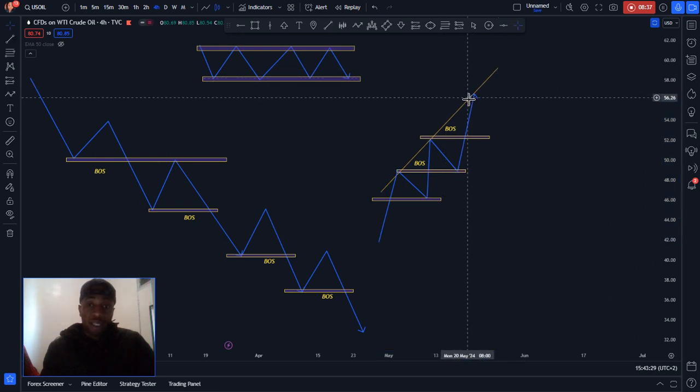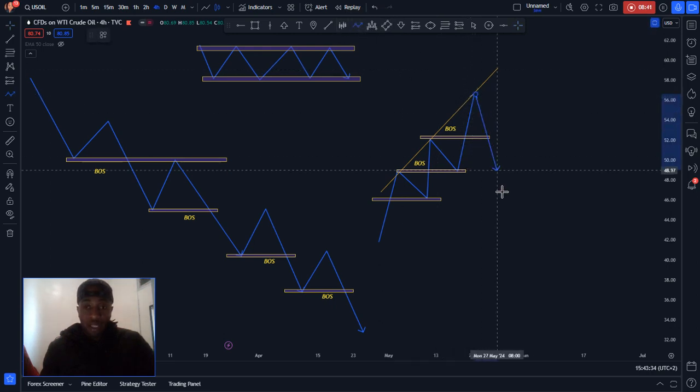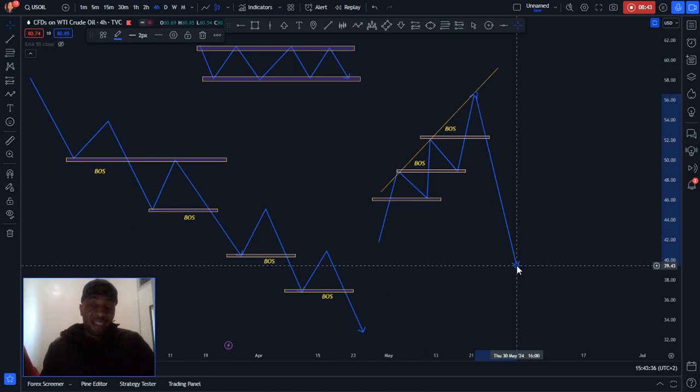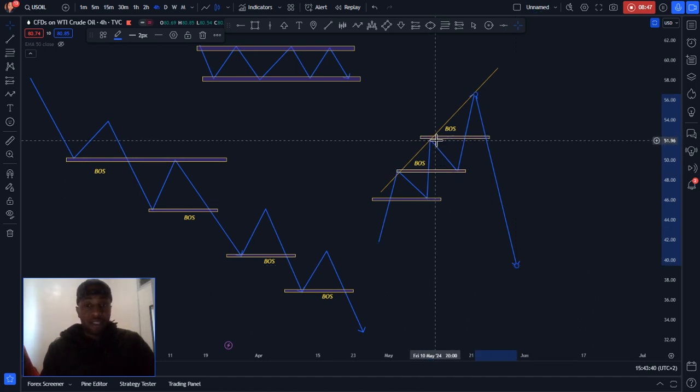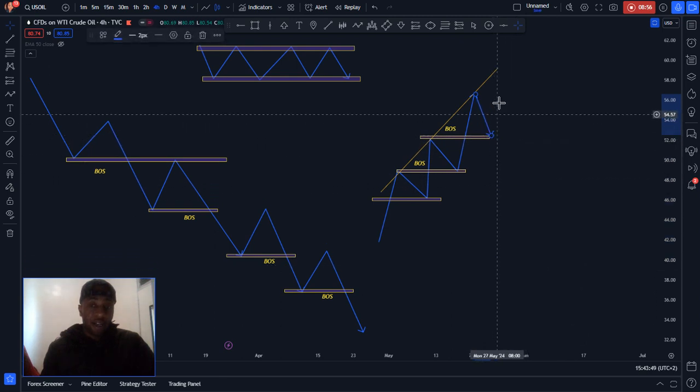Chances that you taking a sell from this point right here all the way to the downside are very slim, because the moment the market moved to the upside and caused the break of structure, chances that the market is just going to correct and give you a new impulsive move are very high.